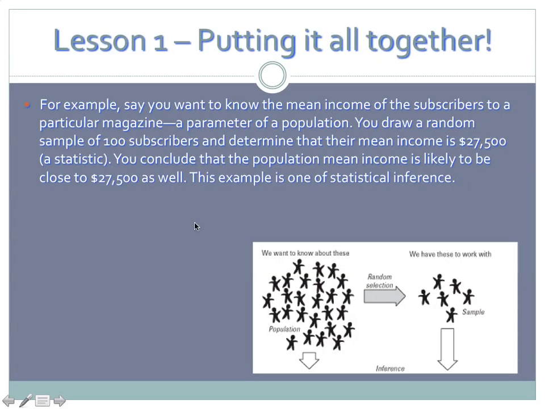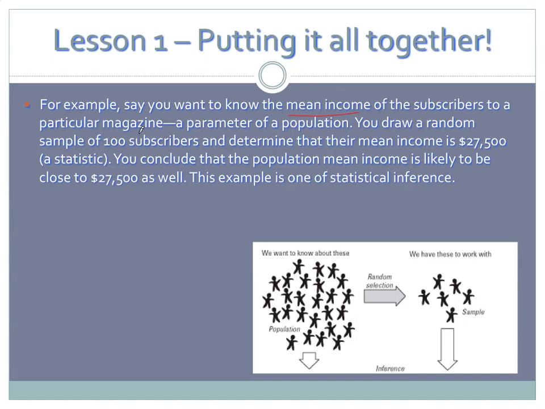All right, let's take a second to put this all together. We have this example question: say you want to know the mean income of the subscribers to a particular magazine. This is a parameter of the population. We want to know the mean income, which just means the average amount of money that they make.